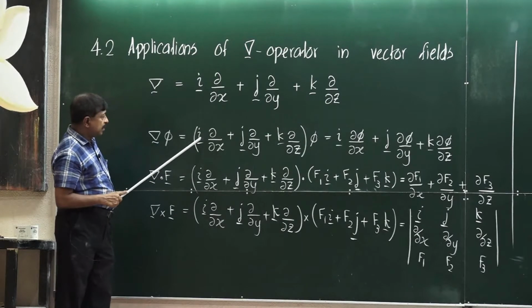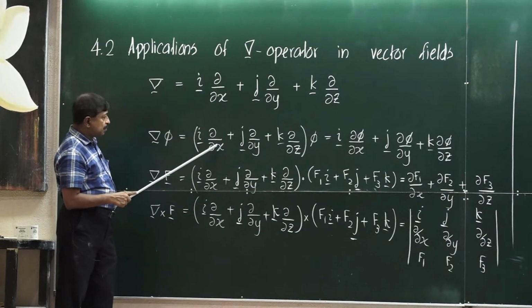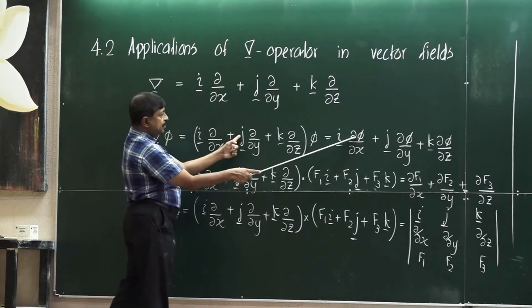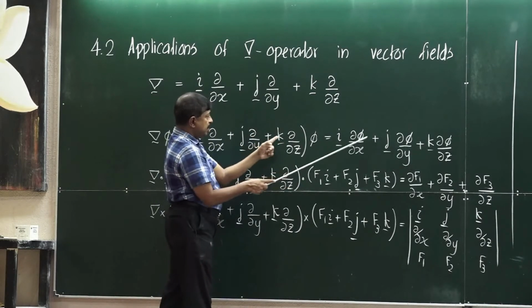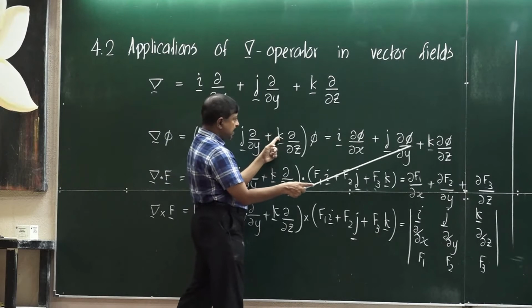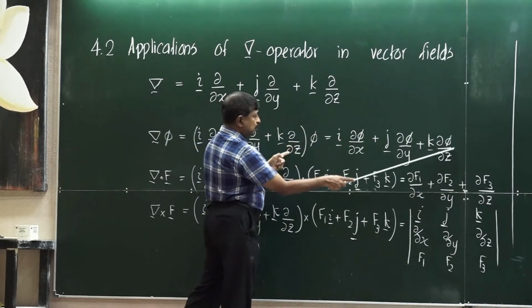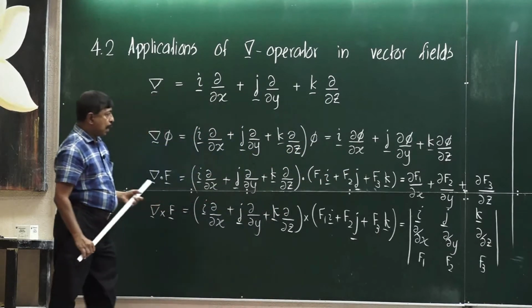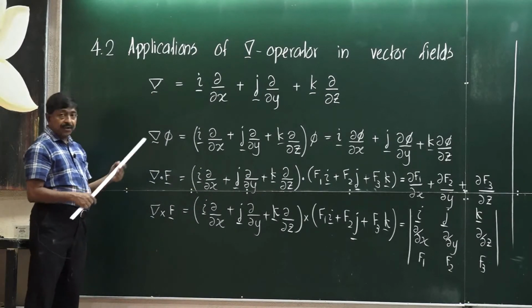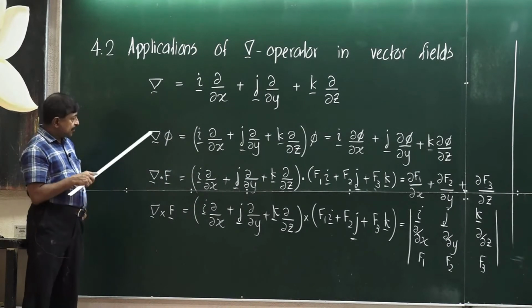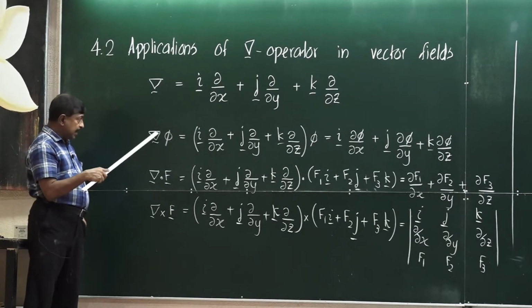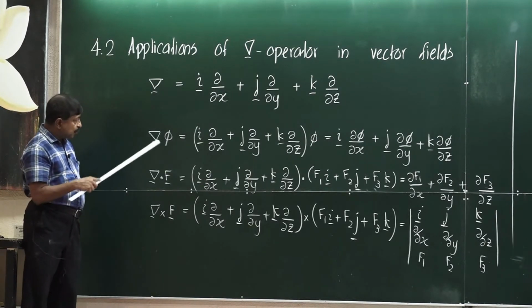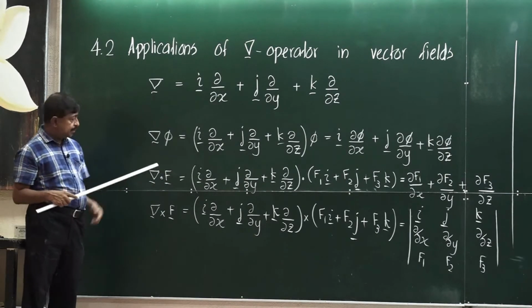So, you have i partial phi over partial x here, here you have j partial phi over partial y, and in the last term, k partial phi over partial z. So, that is how you find grad phi. It has a physical interpretation. We will get into the physical interpretation of grad phi later.